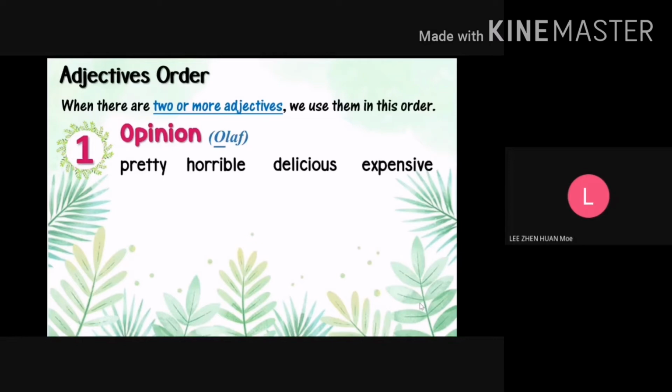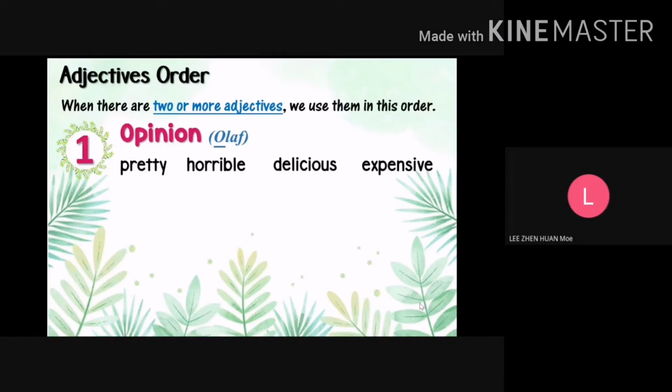It will always go first. And then the OSASCOMP here, can you see the blue color word? Okay, it is an acronym to help you to remember the order. We will look at it one by one later.